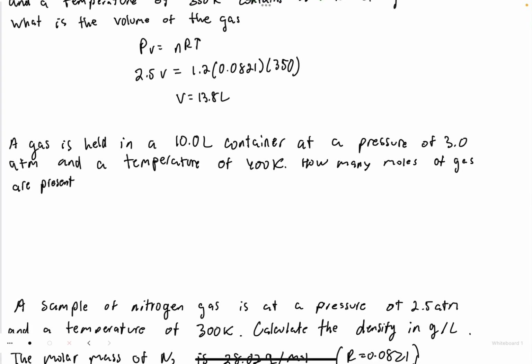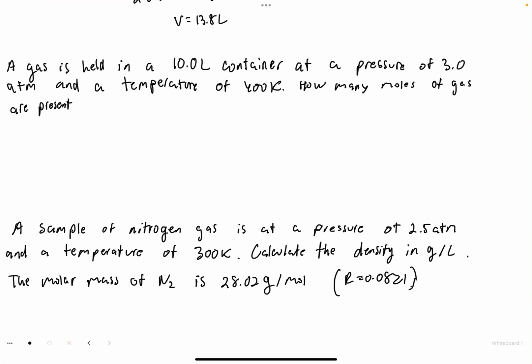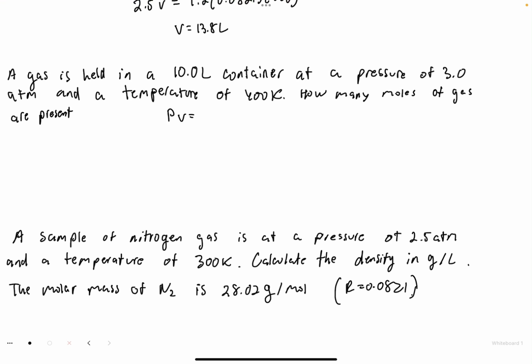So let's try this second to last example. A gas is held in a 10-liter container at a pressure of 3 atm and a temperature of 400 Kelvin. How many moles of gas are present? For this one, we will write out the equation just to make things easy. We realize we need to solve for the number of moles.